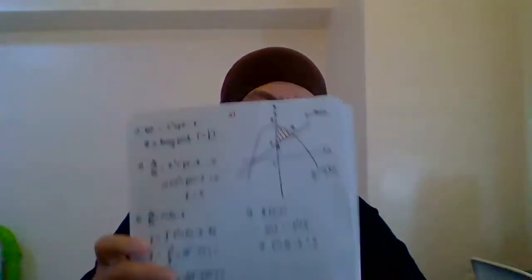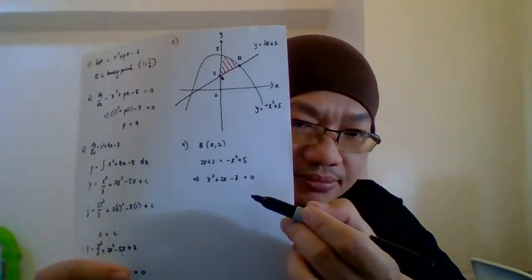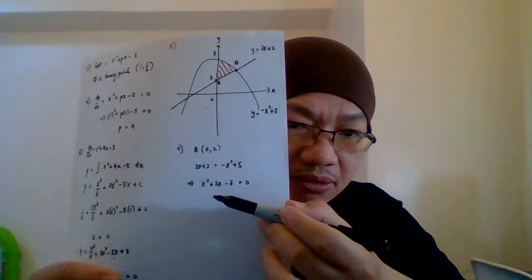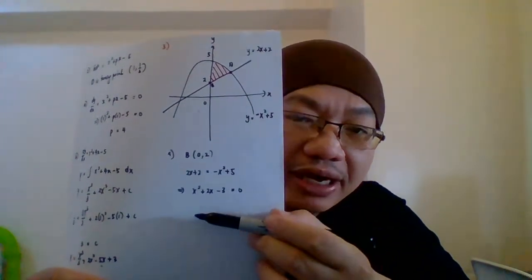So it will become x squared tambah 2x, 2 minus 5 is negative 3. We let equal to 0. Now it becomes a quadratic. So tell me, how much your value x here? You find the roots.